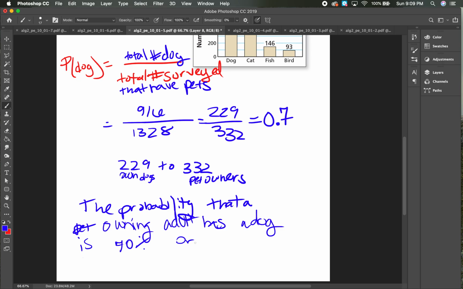Okay, or you could say 0.7. Okay, so 0.7, 70%. Again, either of them work.